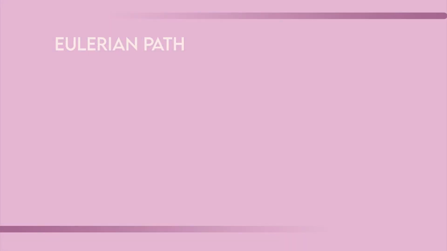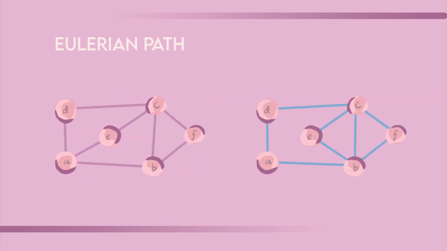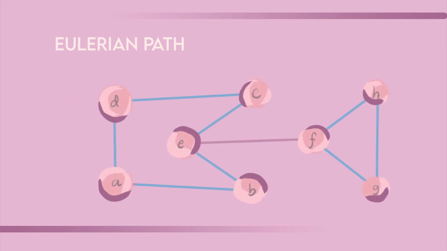Given a graph such as this one, an Euler path is a path that crosses each edge of the graph exactly once. A graph must have at most two odd degree vertices to have an Eulerian path. Note that if this edge is removed, the graph is split into two separate parts.